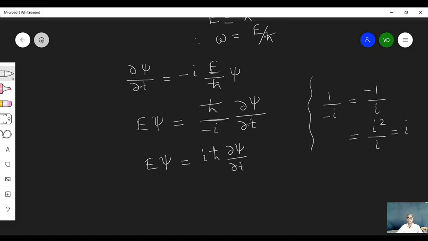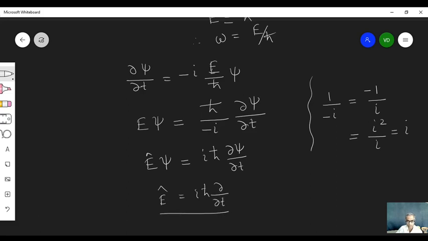Now remember the previous discussion that we call this E the operator and not the constant. So this is not just a multiplication of E and psi. It is an operation. And what is the operator? It is i h cross del by del t. If you think about psi separately, then the E operator can be written as i h cross del by del t.